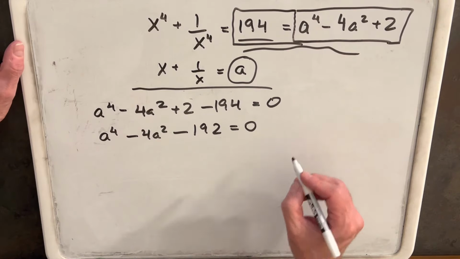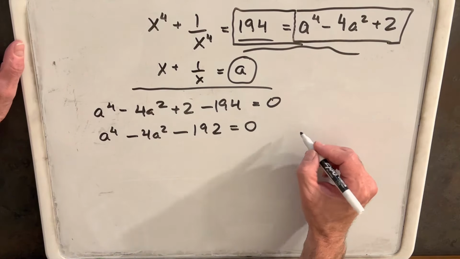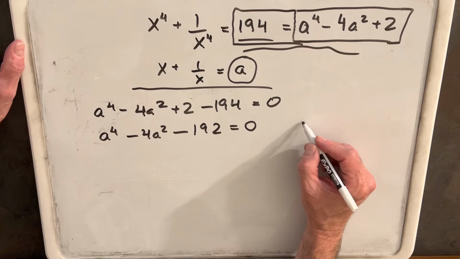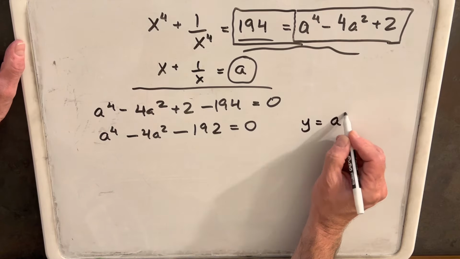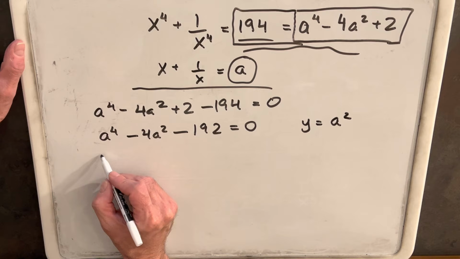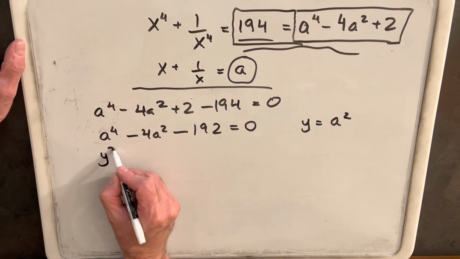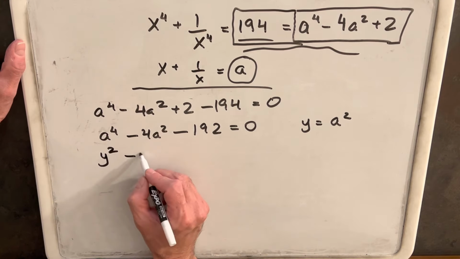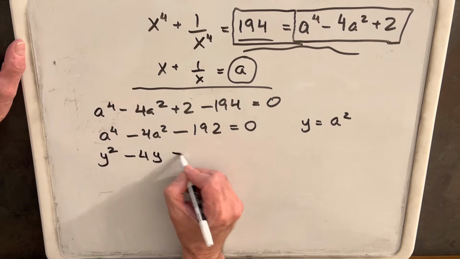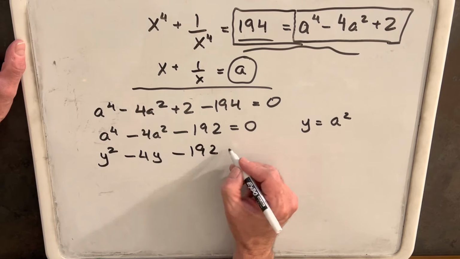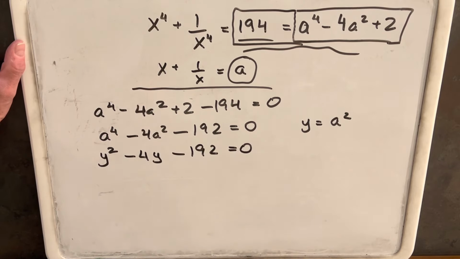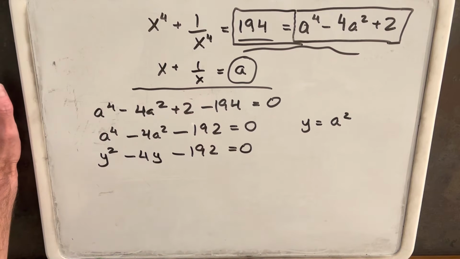If we just make a little substitution, let's say y equals a squared. So then rewriting this, this will be y squared minus 4y minus 192 equals 0. You might see where I'm going with it.